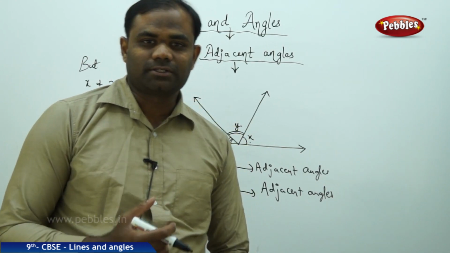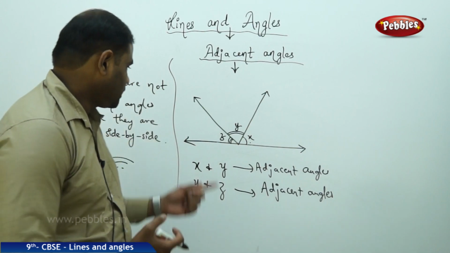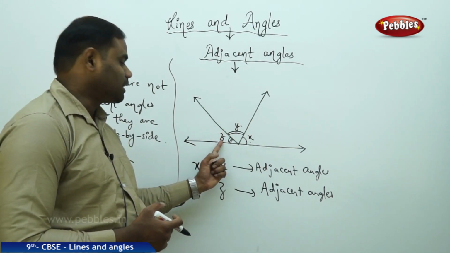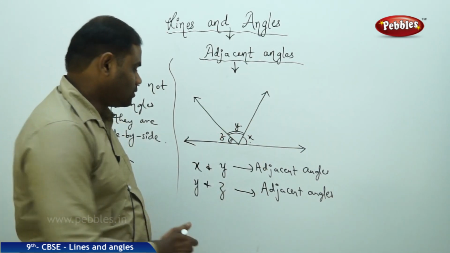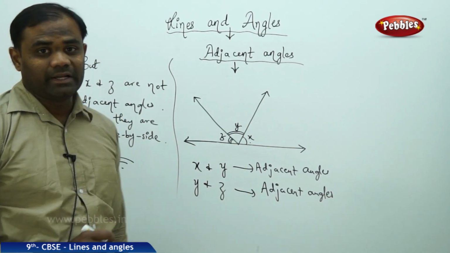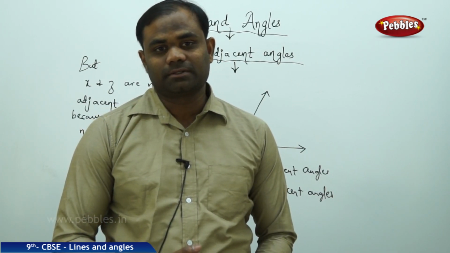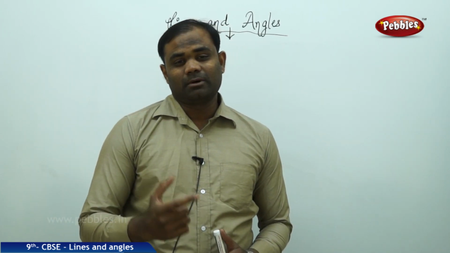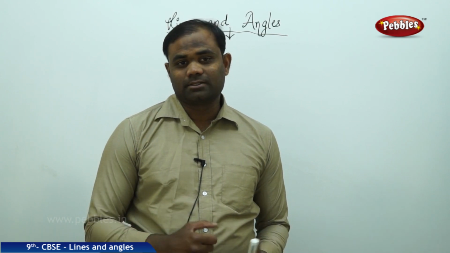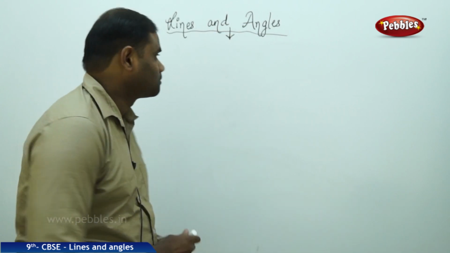Two angles are adjacent if they are beside or side by side. XY adjacent, YZ adjacent, XZ not adjacent is how I understand adjacent angles in the geometry of planes. Next is about linear pair of angles. Let's see what linear pair of angles are.